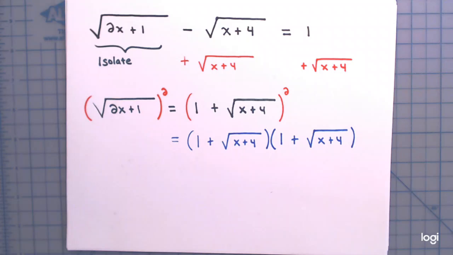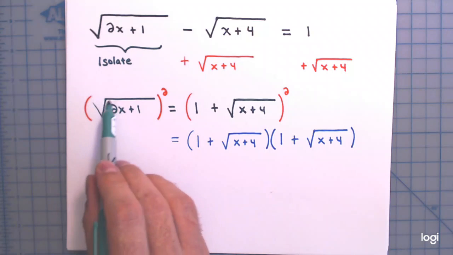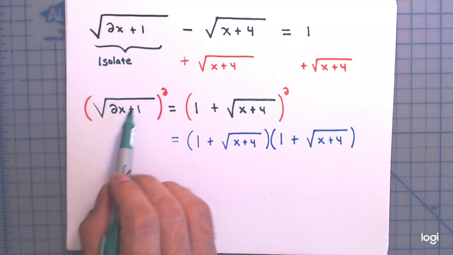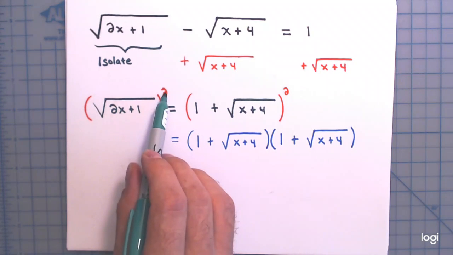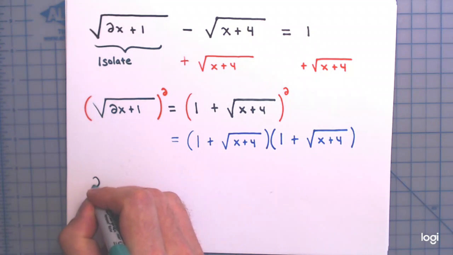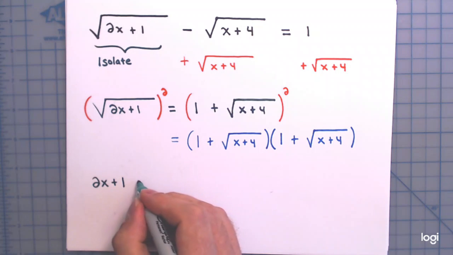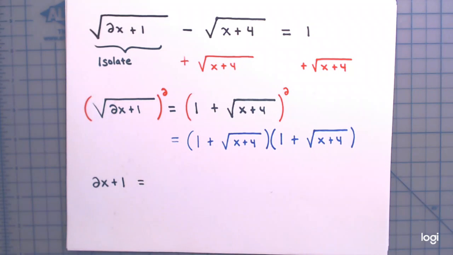Alright, so let's see what this next equation looks like after squaring both sides. On the left side, the property comes into play. We have the square root of something raised to the second power, which undoes the square root. So I have simply the radicand, 2x plus 1, on the left side equals, and this right side is where I'm going to do a lot of work.